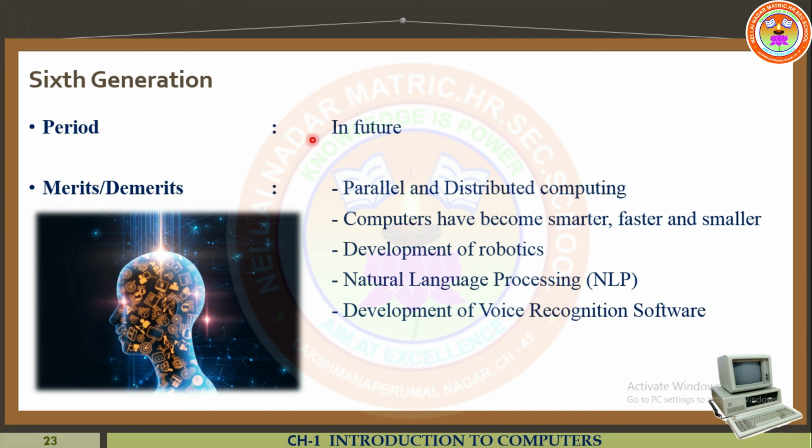In this generation we use both parallel and distributed computing processes. And in this generation the computers become smarter, faster, and also smaller. They are planning the development of the robotics concept, and they will introduce natural language processing, simply called NLP. And they can develop voice recognition software also.